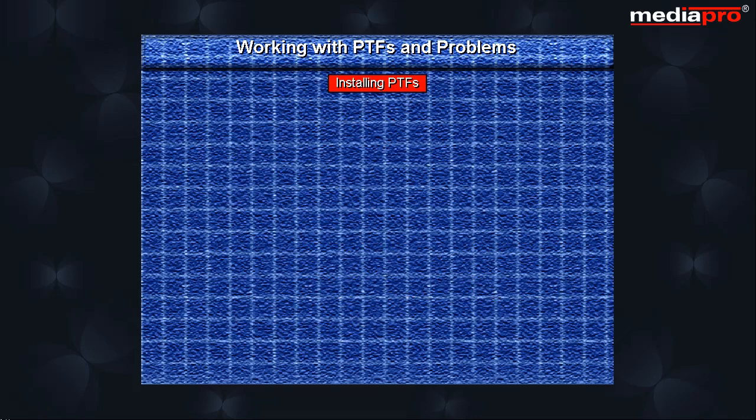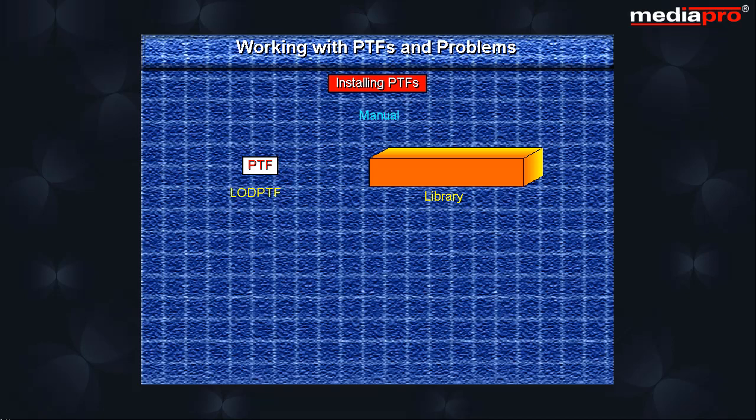PTFs can be installed either automatically or manually. To install a PTF manually, first use the Load PTF command to load the PTF to the appropriate library. Now you have both the old version of the object as well as the new version present in the library. Once the PTF has been loaded, it can be applied temporarily using the Apply PTF command.